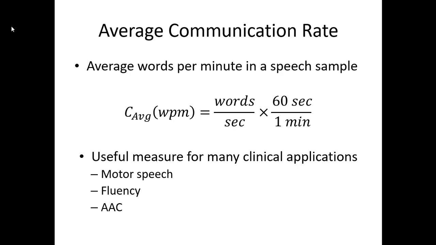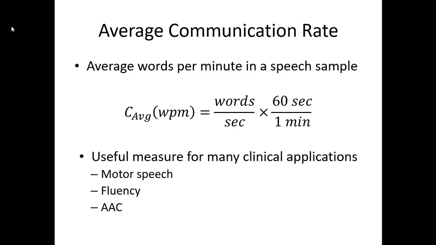When you are working with a client who speaks verbally, average communication rate is measured in a continuous speech sample, which may be collected using a picture description task, a standardized reading passage, or any other method that allows you to collect a continuous speech sample. Average communication rate is measured in words per minute.